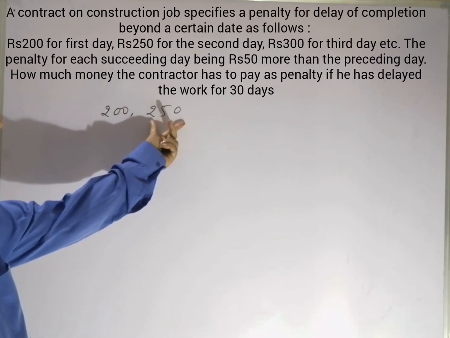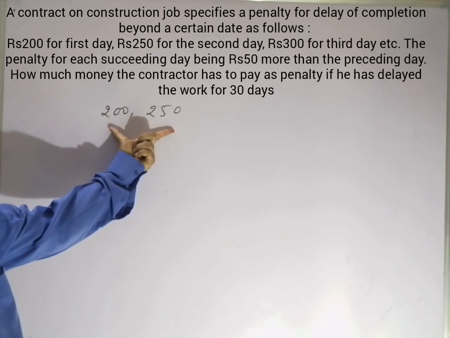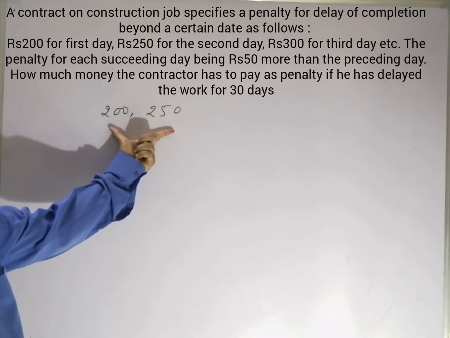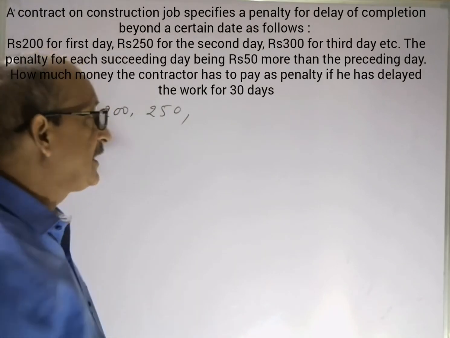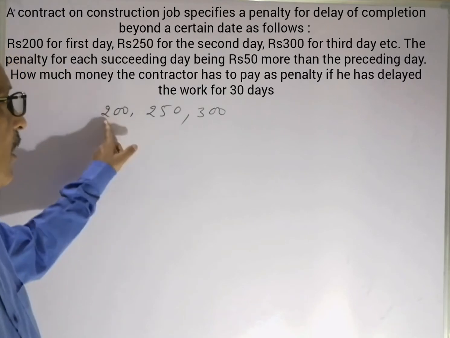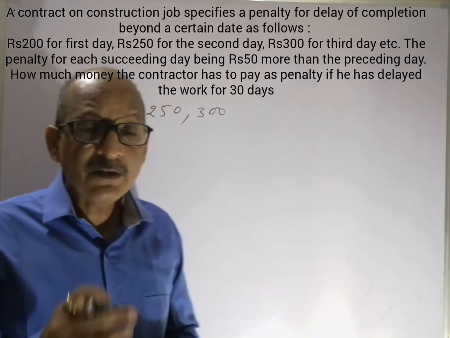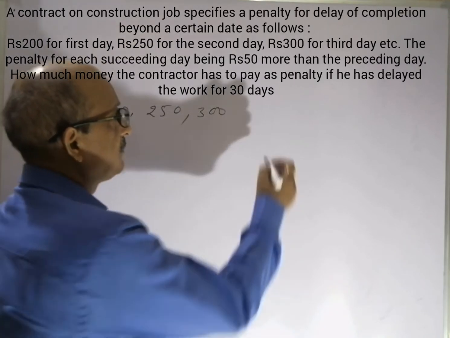If we say the work was delayed by 2 days, so actually he has to pay 450 rupees. If third day also work is not completed, then he has to pay 300, which is still more than the previous. It means when the work is delayed for 30 days, all the terms up to 30 terms.